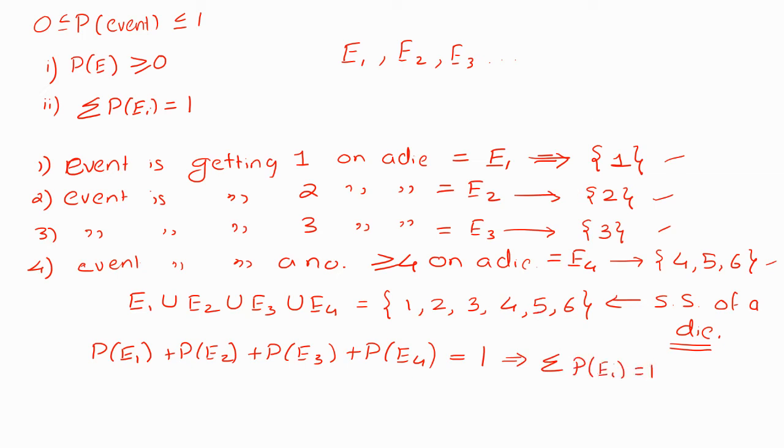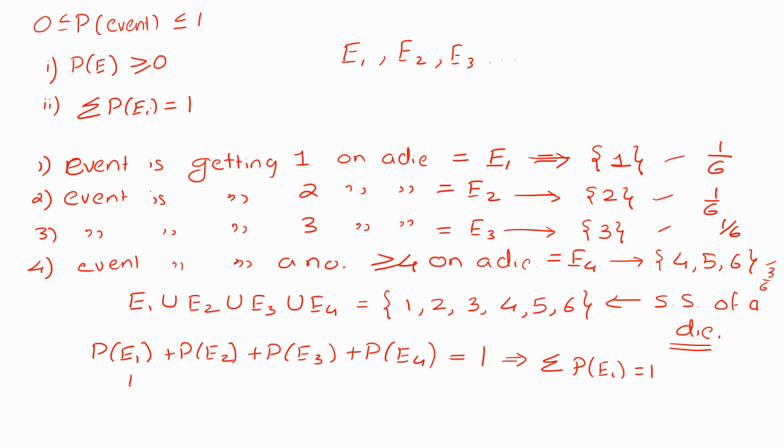Now let us verify it. What is the probability of E1? There is only one favorable outcome, so it is 1 by 6. The probability of E2 is again 1 by 6, the probability of E3 is again 1 by 6, and the probability of E4 will be 3 by 6.